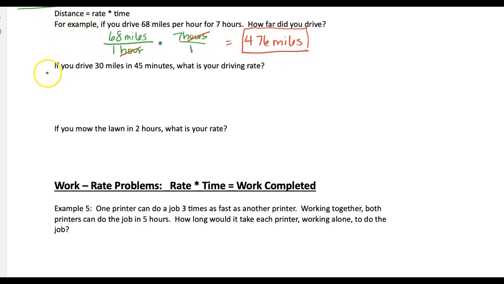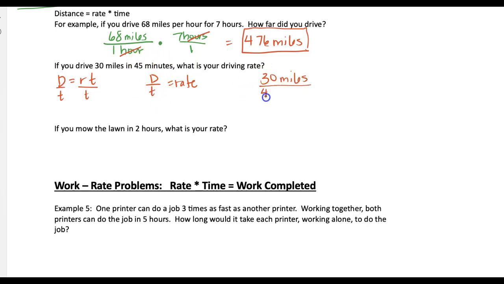If you drive 30 miles in 45 minutes, what's your driving rate? So I'm going to take that distance equals rate times time formula, and I'm going to solve for rate, which means I need to divide both sides by time. So I get distance divided by time equals rate. So I'm going to take the distance of 30 miles. I'm going to divide it by the time.